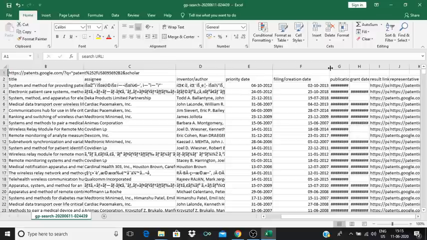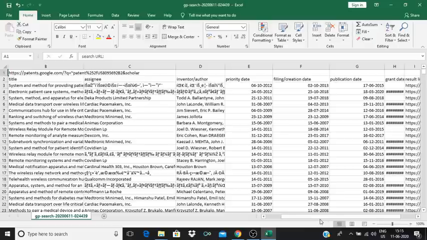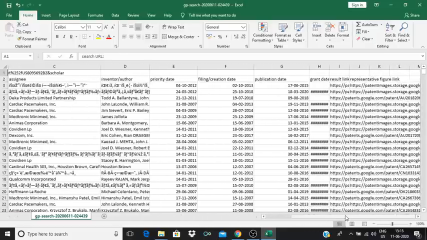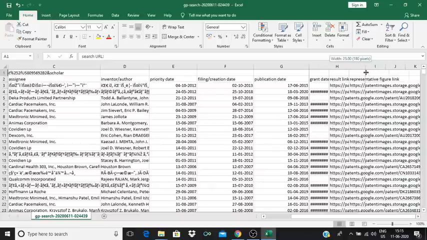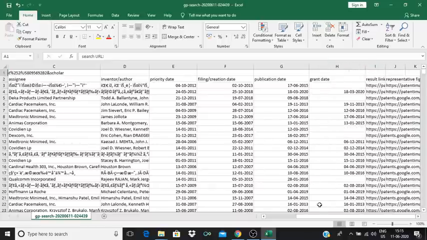And the date you file your complete specification is your filing date. After 18 months, it gets published. So that would be the publication date. And depending upon the number of office actions or rejections given by the patent office, the grant date would differ. And a result link is also given.